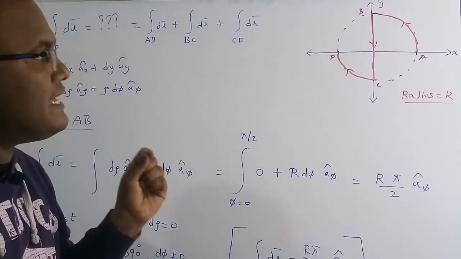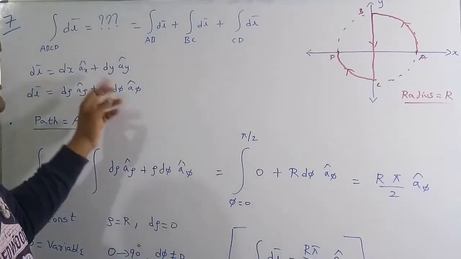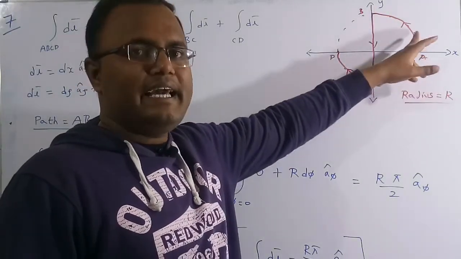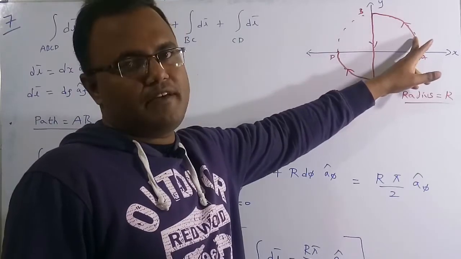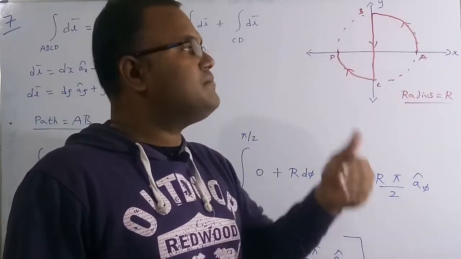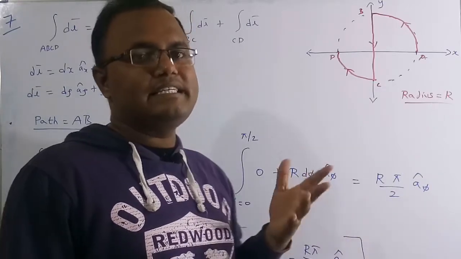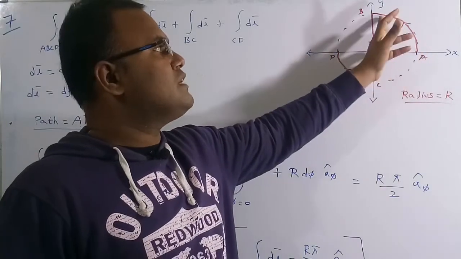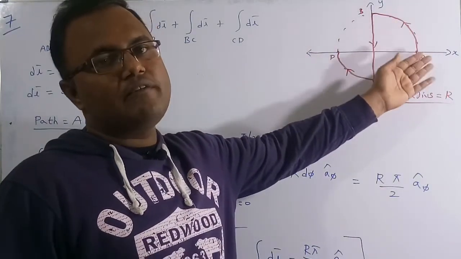Suppose for the path AB you take the Cartesian coordinate system: x is a variable and y is also a variable. I don't want two variables, I want only one variable, so that the simplification will be very easy. But if you take the cylindrical coordinate system, the radius rho is constant and the only variable is phi.